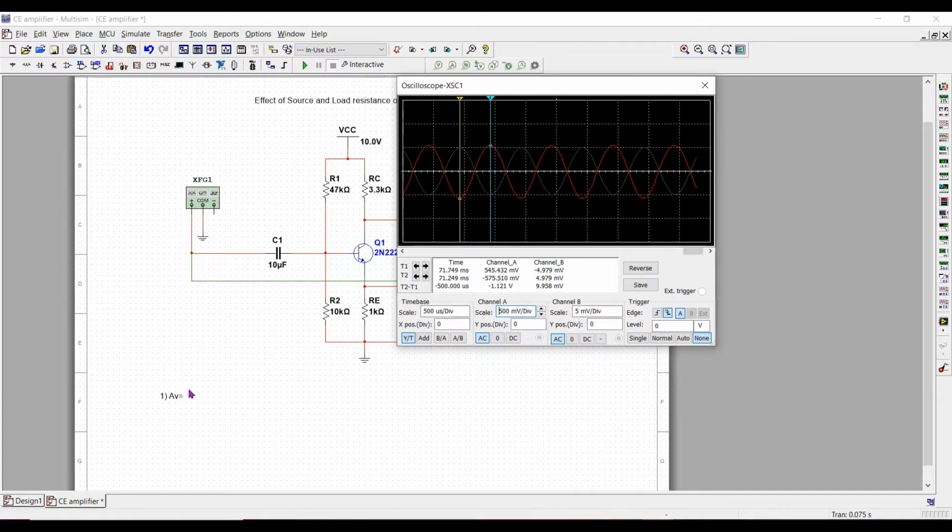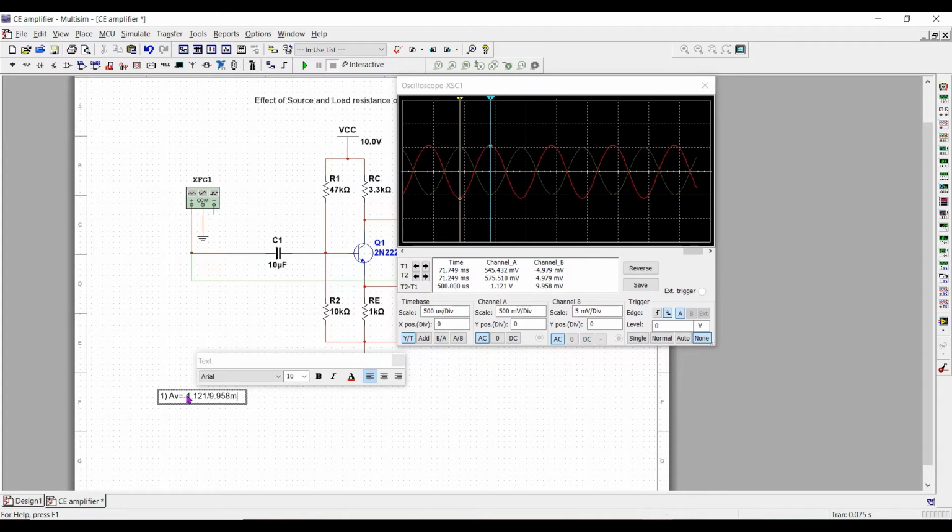So gain, as we all know, gain is output upon input. Output from channel A, it is minus 1.121 divided by 9.958 milli.